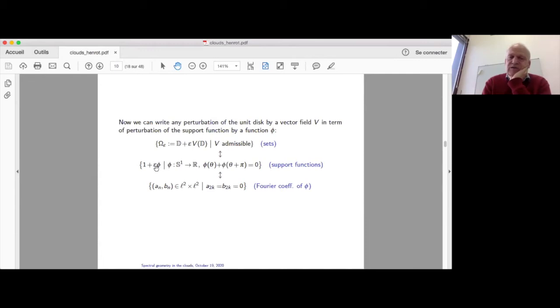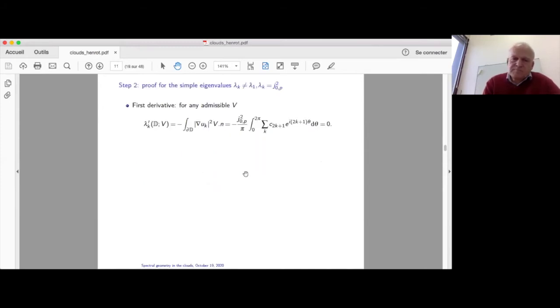You see that if epsilon is small enough, the convexity constraint h double prime plus h non-negative is automatically satisfied. And so as I already said, it consists in looking at perturbations driven by a phi whose even Fourier coefficients are all 0 in order to have this relation about phi.